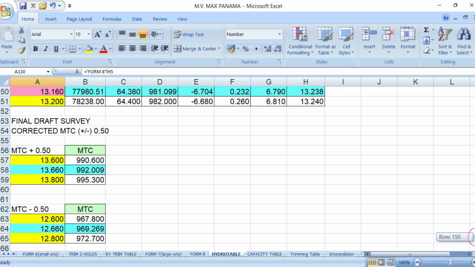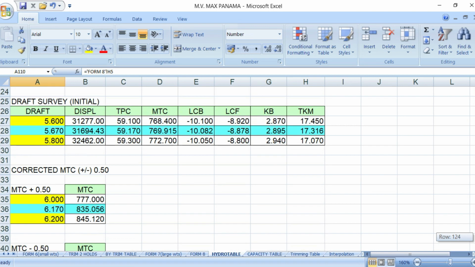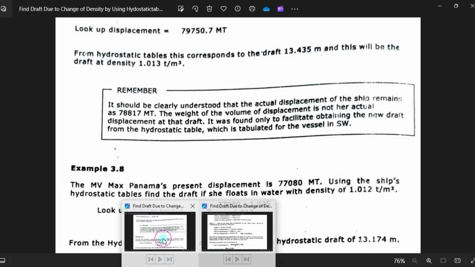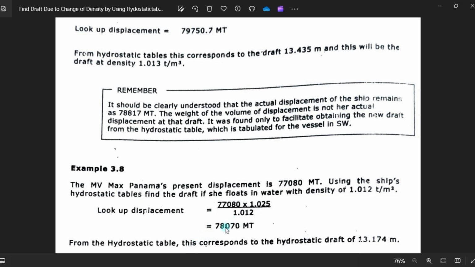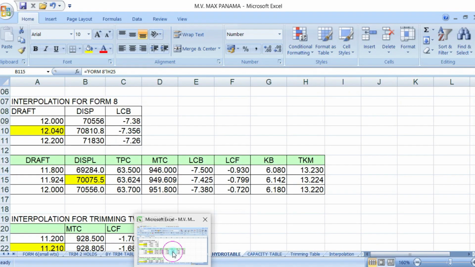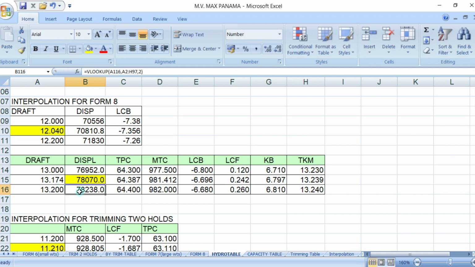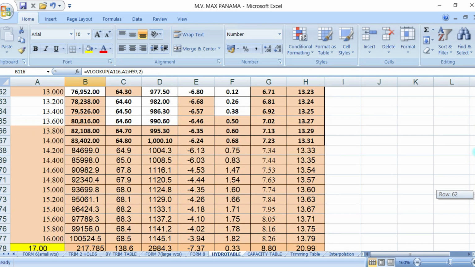For 78070, 13 meters is 76952, and 13 meters and 20 is 78238.